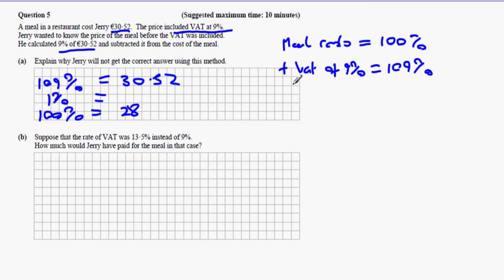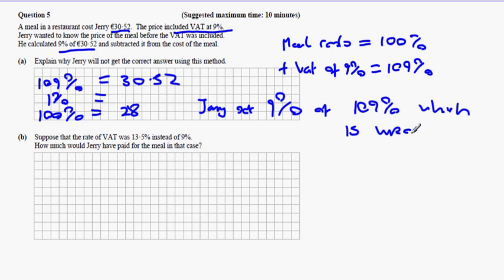Now the problem with Jerry was that he got 9% of 109%, which is wrong. So 9% of 109%.